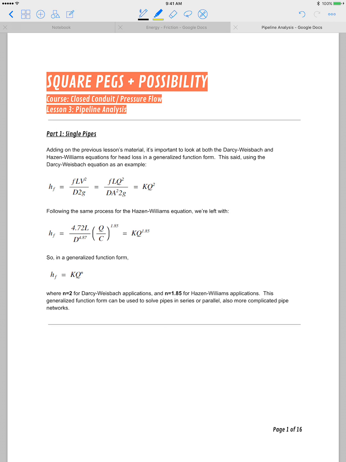Essentially, if we isolate everything from the Q and call it K, then what we have is a very generalized format of the equation, KQ squared.